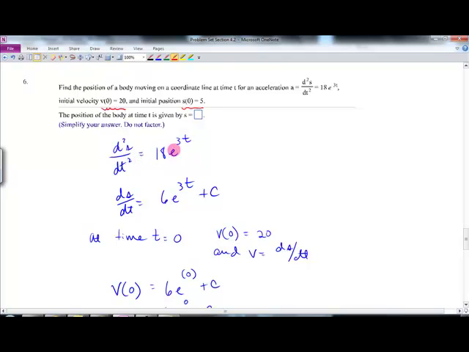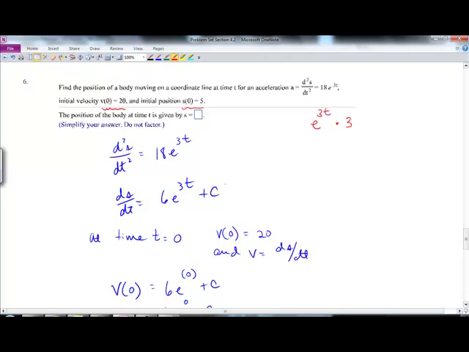For us to go up one level, when you're talking about e to something, like the derivative of e to the 3t is e to the 3t times 3, right? Okay, so we have to think of something that if I multiplied it by 3, I would get this. So divide 18 by 3, you get 6. 6e to the 3t plus some constant which we don't know.